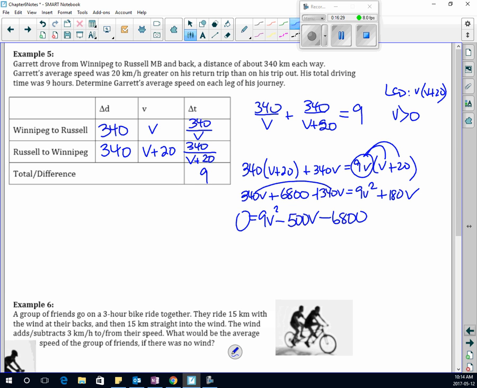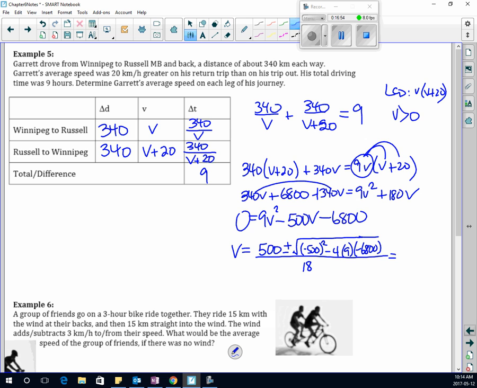So V equals minus B, so 500, plus or minus the square root of B squared, which would be minus 500 squared, minus 4 times 9 times minus 6,800, all over 2A, which would be 18.